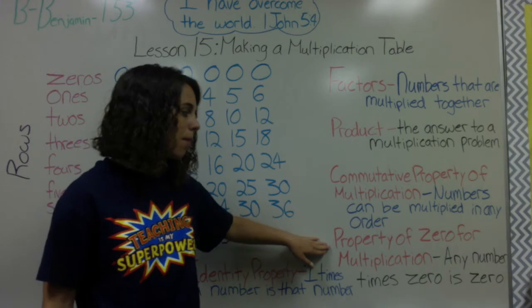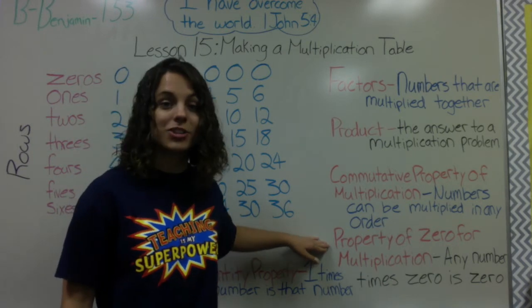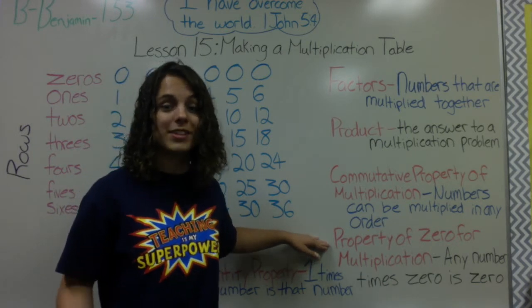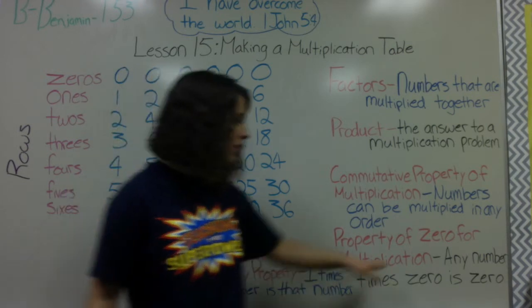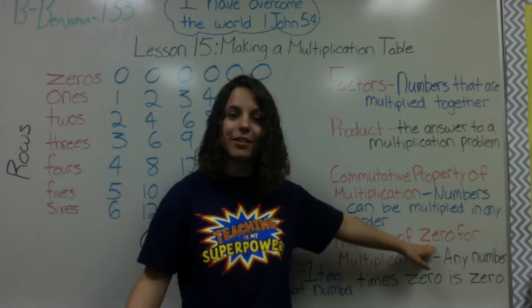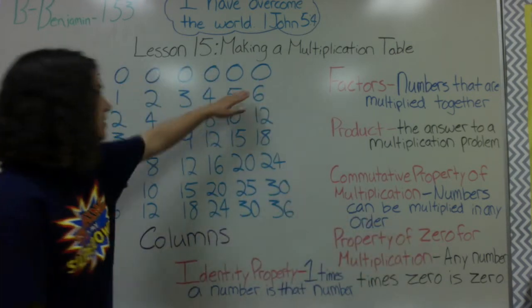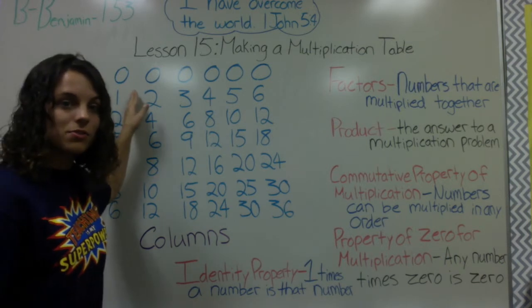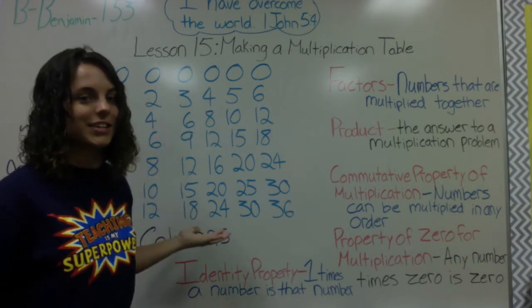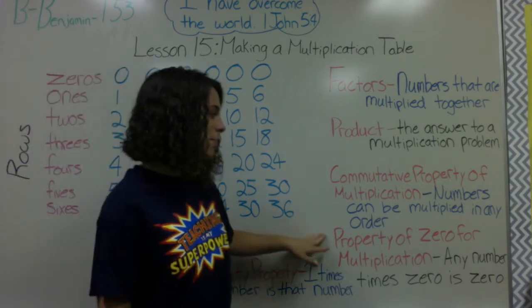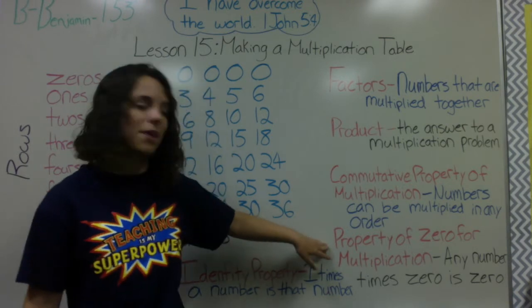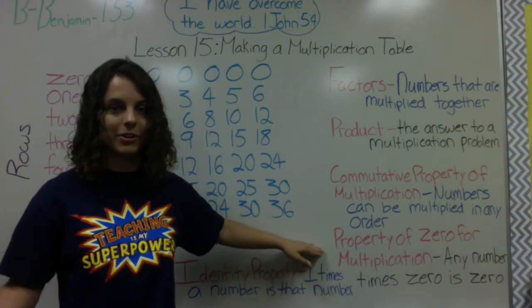Then we have the property of 0 for multiplication. This one is very, very simple, very self-explanatory, because we have the number 0 in it. We know that anything times 0 is going to be 0. When we count by zeros, we're not going to get any higher than 0 itself. So the property of 0 for multiplication says any number times 0 is 0.